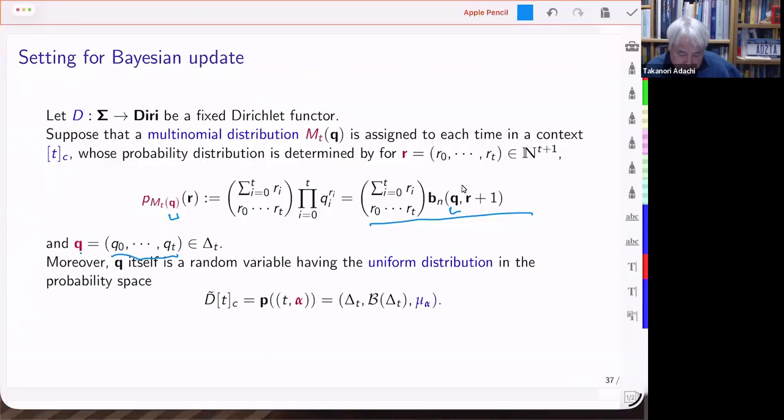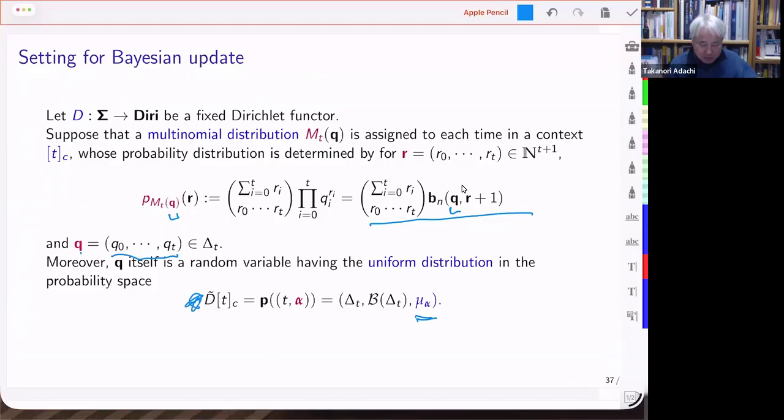But this Q itself is a random variable, because this is Bayesian, with a uniform distribution, like this. So in this case, Q is an element of the probability space defined like this.